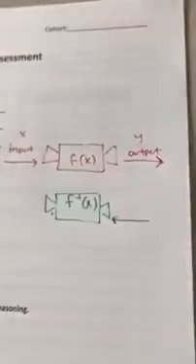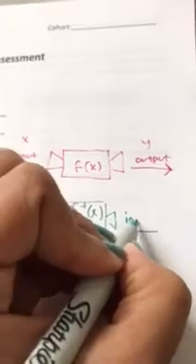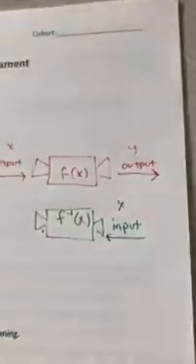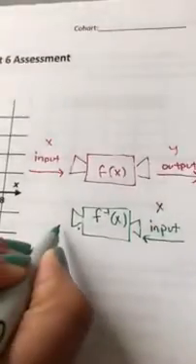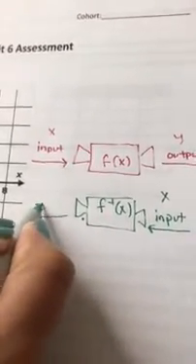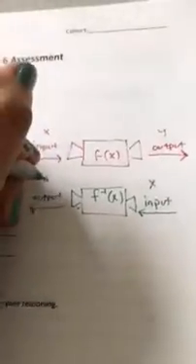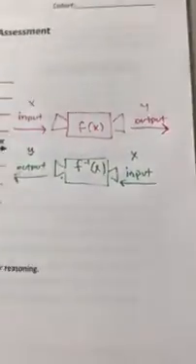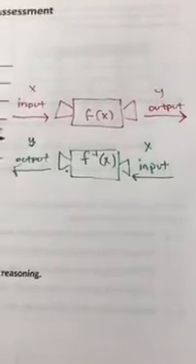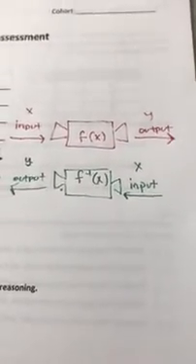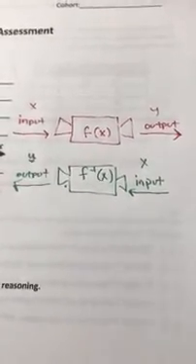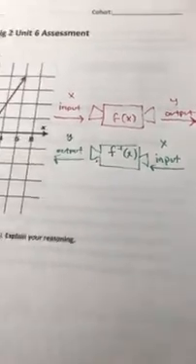So the numbers that were your output are now your input, and we label them as x. And the numbers that were typically your input are now your output, and we label them as y. So essentially, that's what an inverse function does. It goes in reverse order. Your output becomes your input, and your input becomes your output.